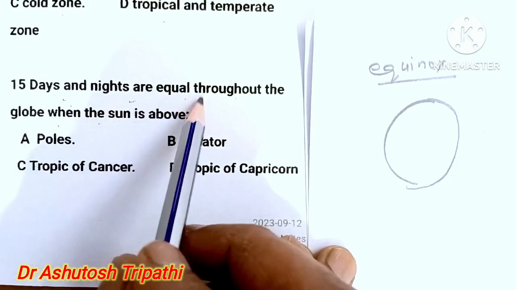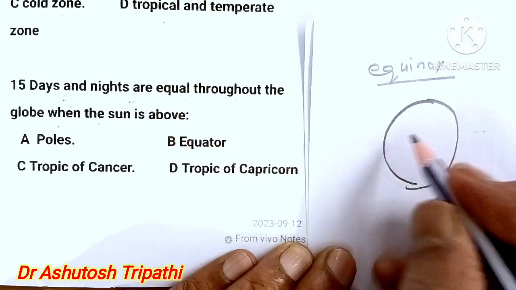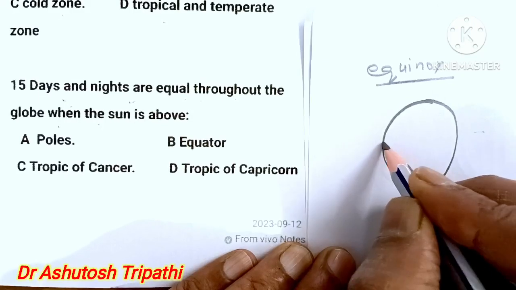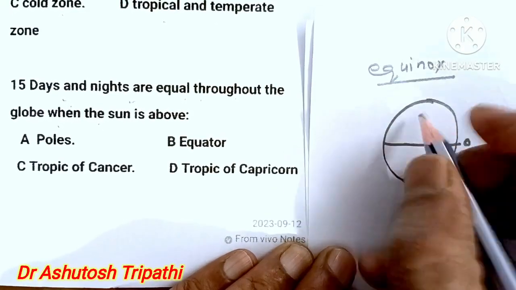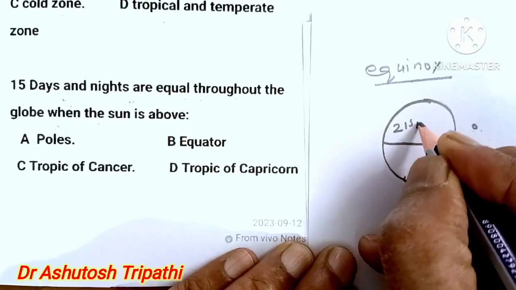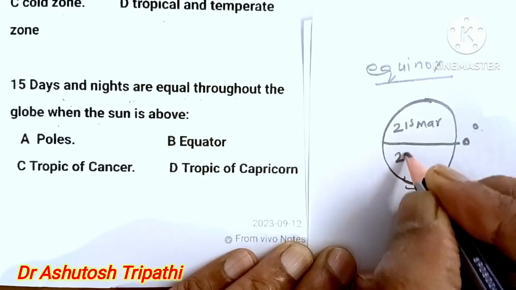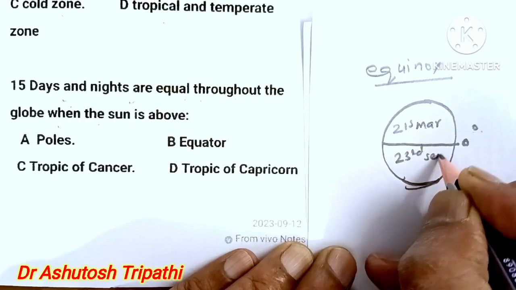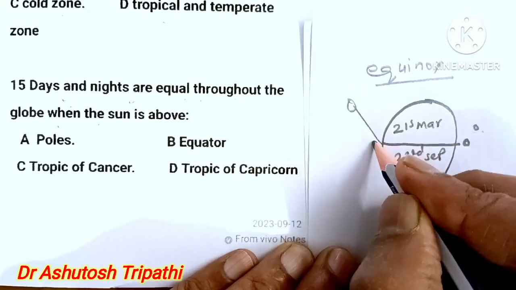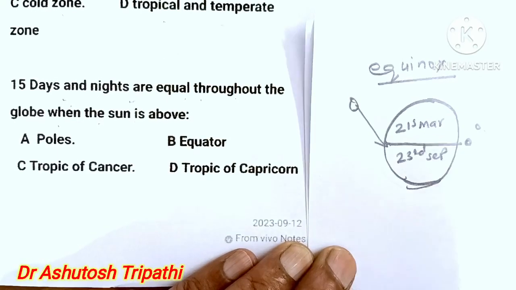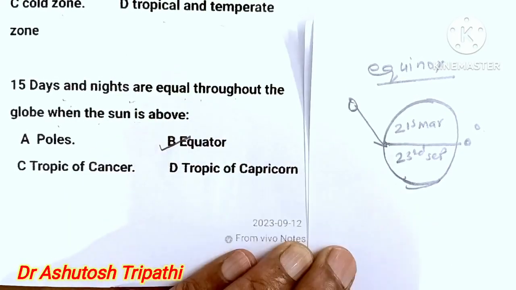Days and nights are equal throughout the globe when the sun is above the equator. There are two dates, 21st March and 23rd September, when the sun is vertical over the equator. The answer is B, equator.